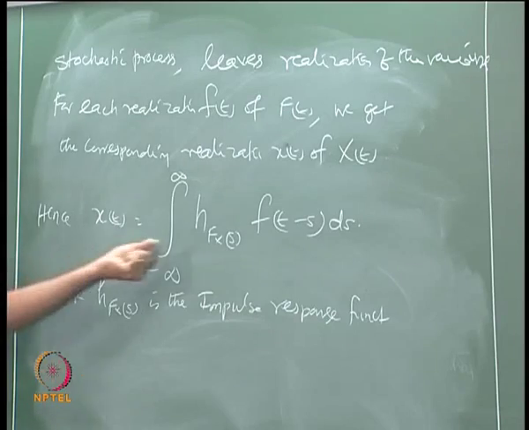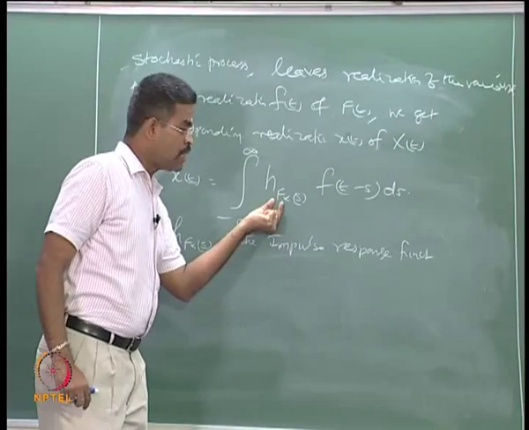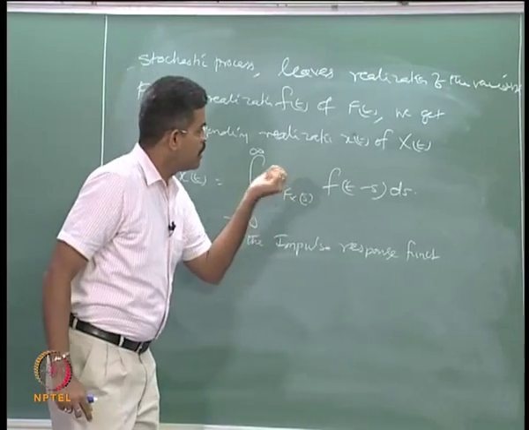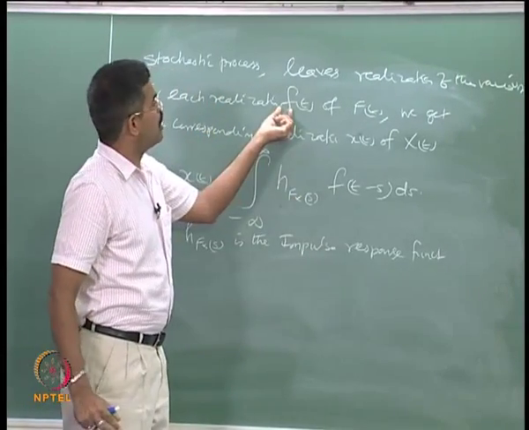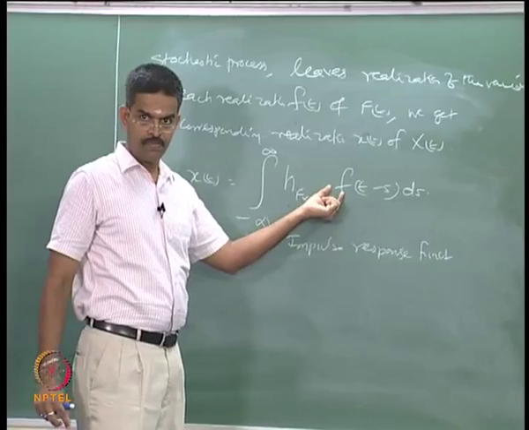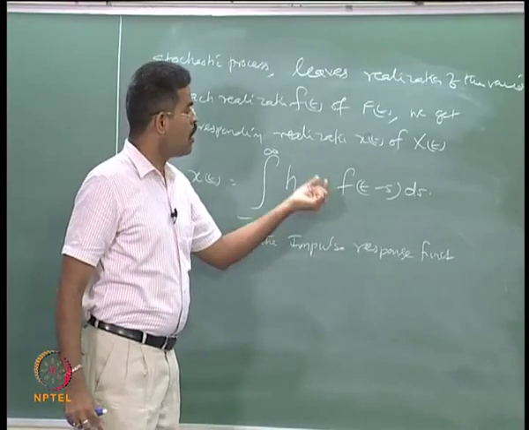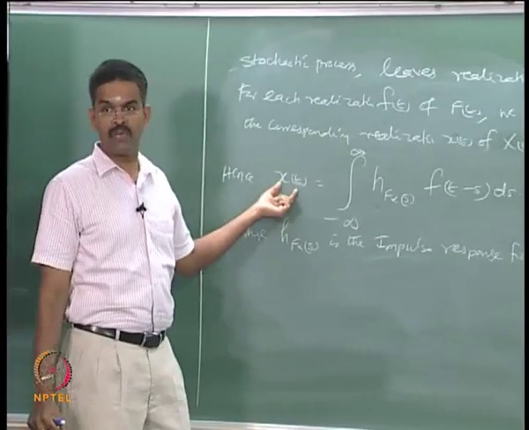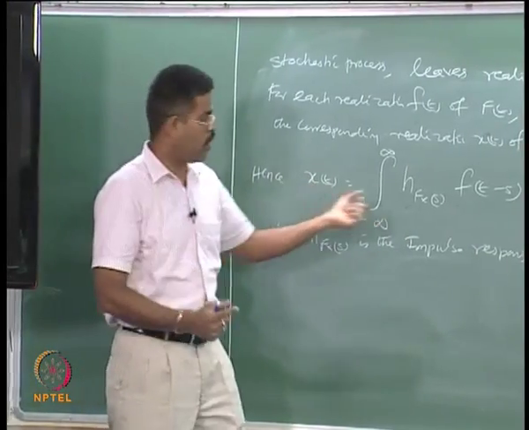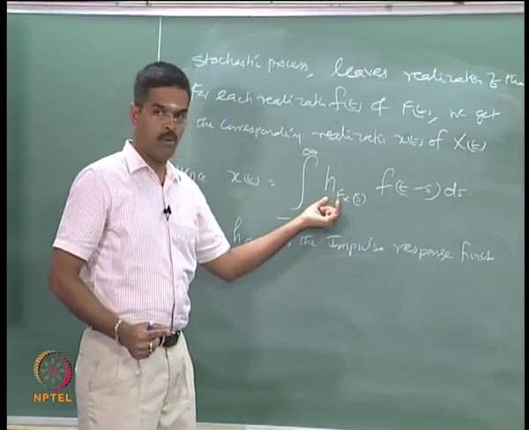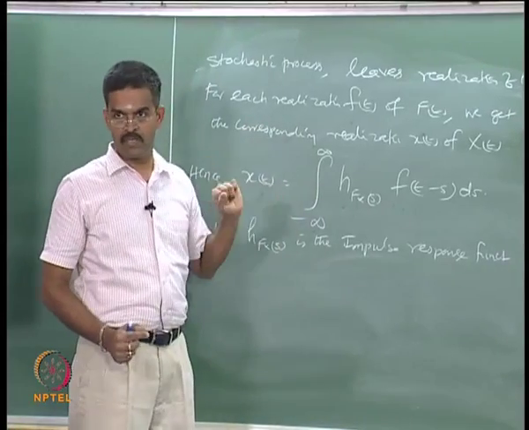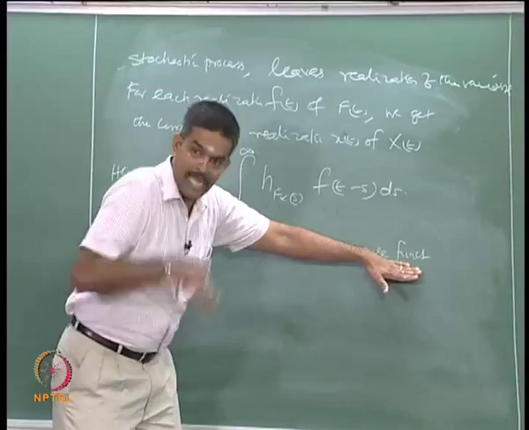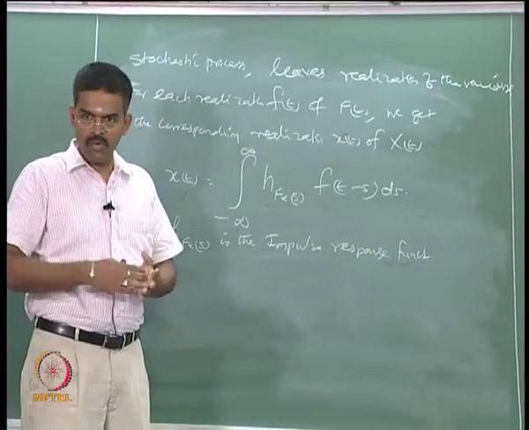For any force, if we know what is the impulse of that force caused on the response, because these are all realization of the force, small f of t are all realization of the force. If I know how much realization is being impulsed upon by this factor, I will know the realization of x for a corresponding value of the force multiplied by that response from a domain of minus to plus. You will always agree that impulse response function in a negative domain is always 0, because it is giving a positive impulse only.